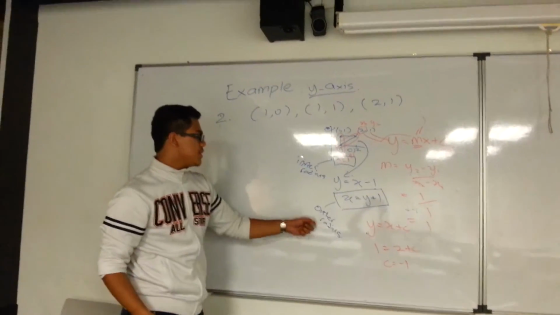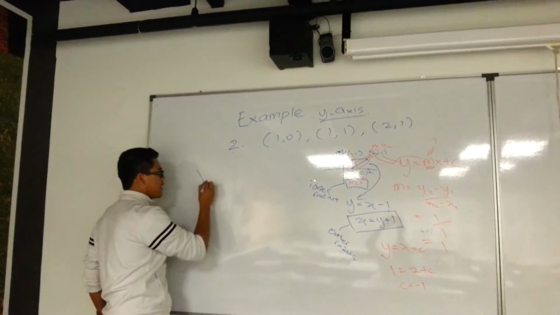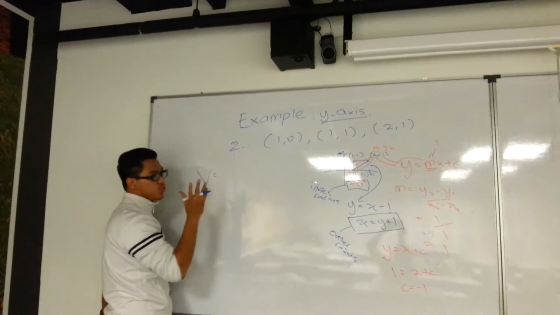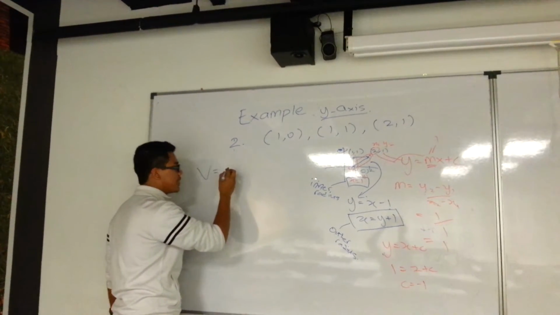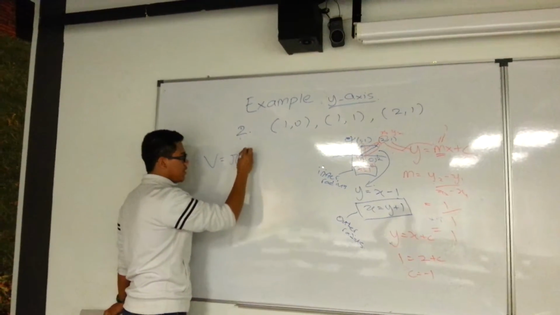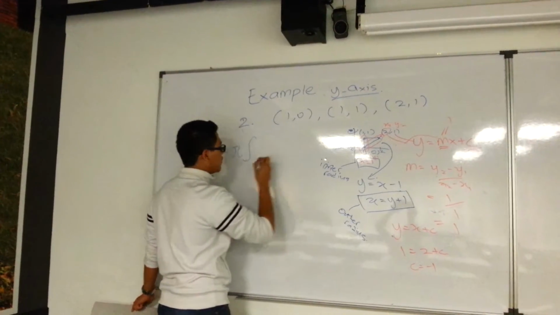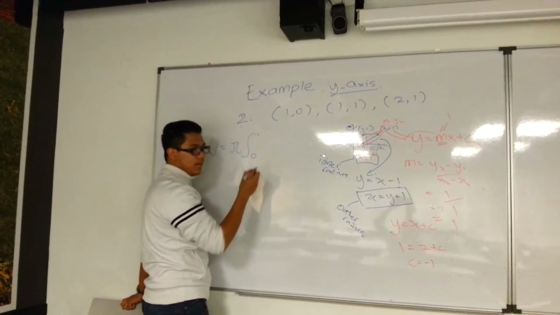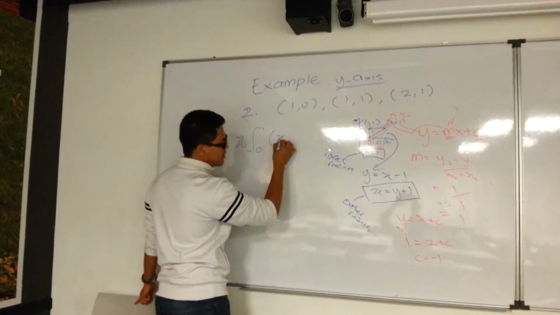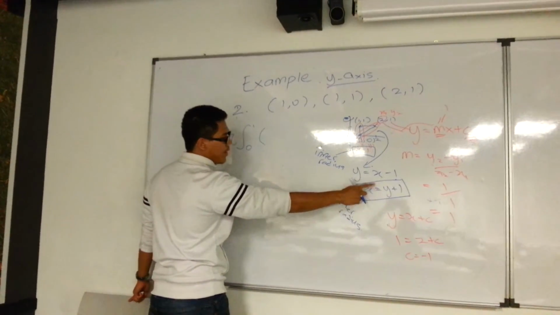We have outer radius, we have inner radius. Now put it back inside the formula of volume by using Washer method. Pi, then integration, the range is 0 to 1. Outer radius is x equal to y plus 1.